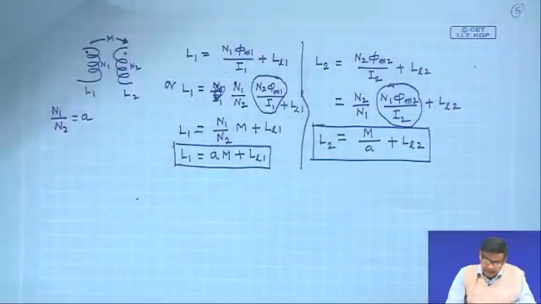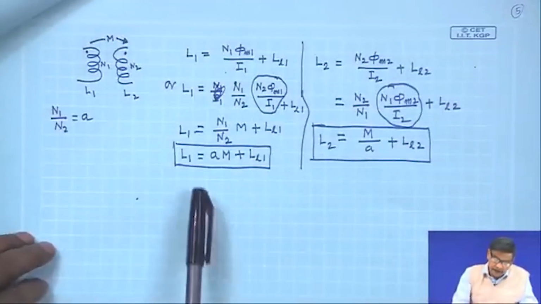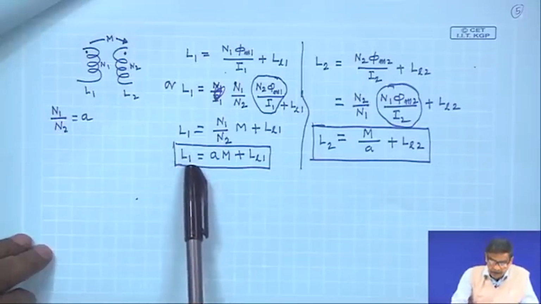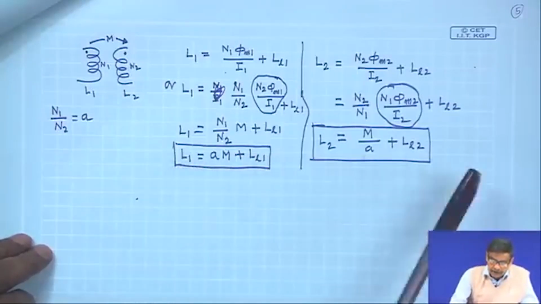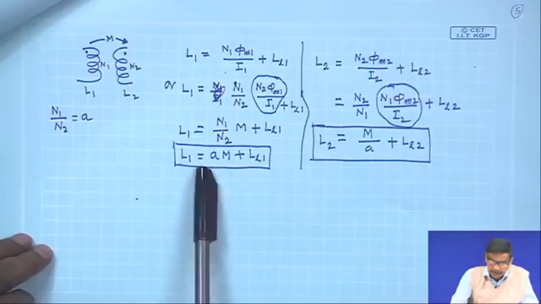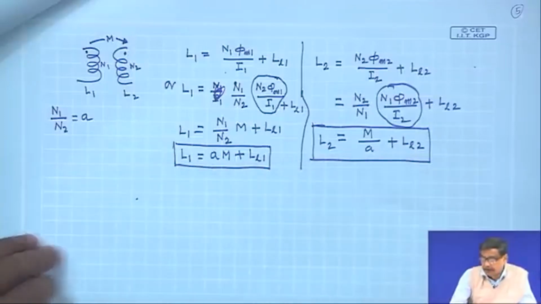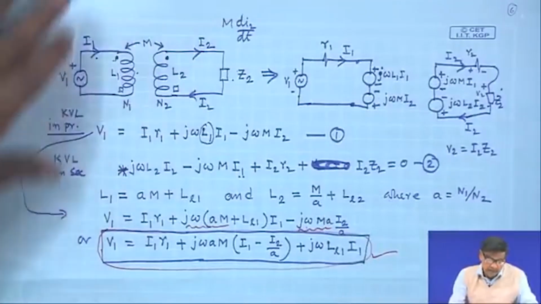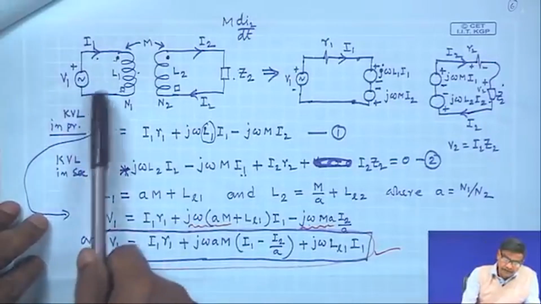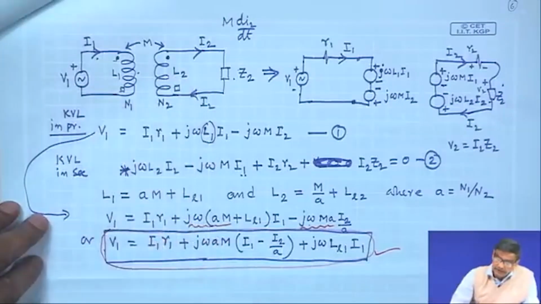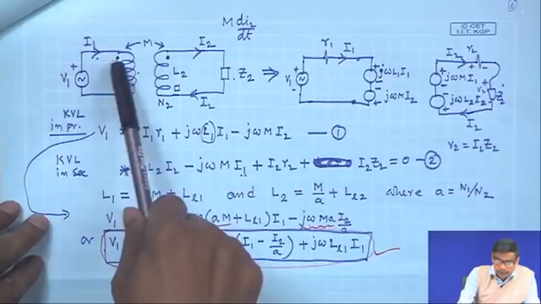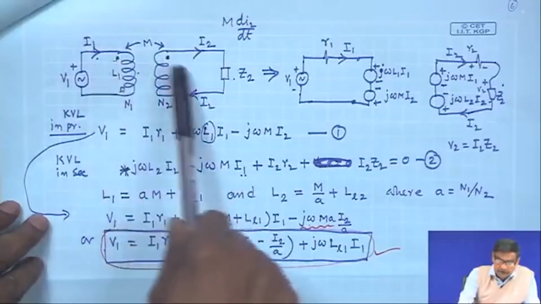Then the important thing is, ultimately we showed that the self inductance of the coil in terms of mutual and leakage inductance comes out to be this L1, and L2 is like this. And finally, we wrote down the KVL equations on the two sides, remembering how to put the dots on these two coils.